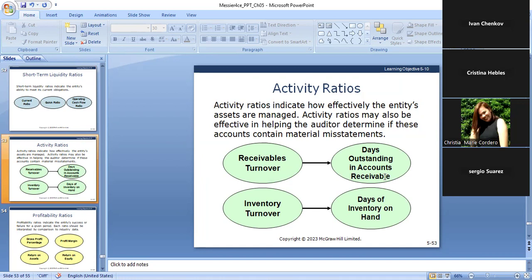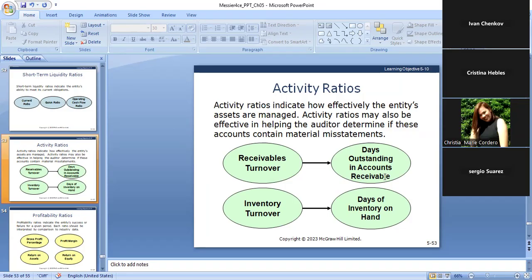So what we're chasing here is a high receivable turnover and inventory turnover. If it's a high number, that means we have fewer days outstanding or fewer days in inventory. If it's a low number, that means the days of inventory are too high.